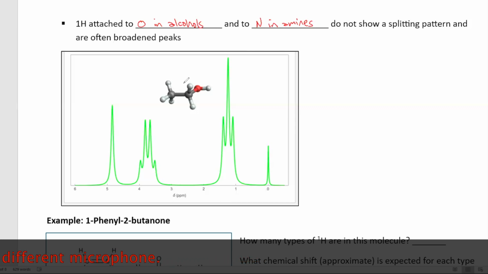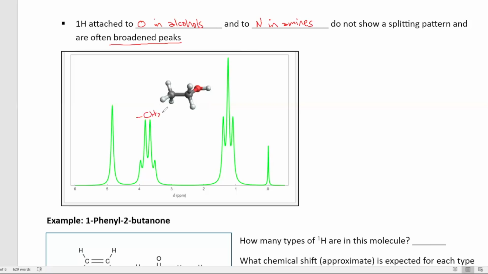An example of that is this NMR spectrum of ethanol, where the pattern of a quartet and a triplet tells us that we have a CH2 and a CH3. This right here, because it's right at 0, we know is TMS. And this peak right here is for the hydrogen on the alcohol functional group. Notice that it's broadened and doesn't display any splitting at all.